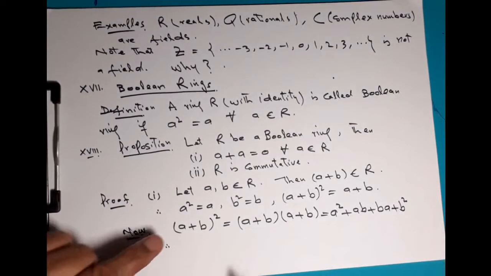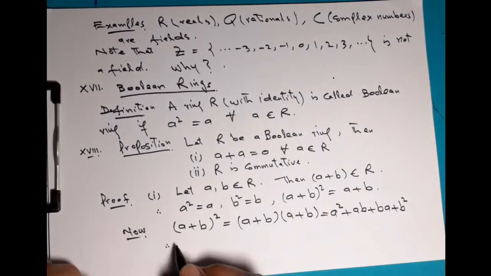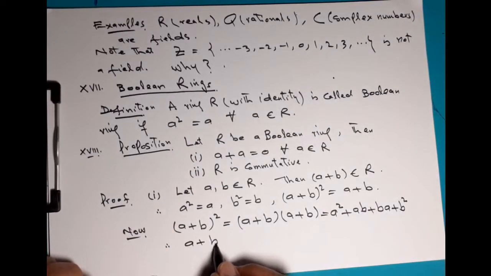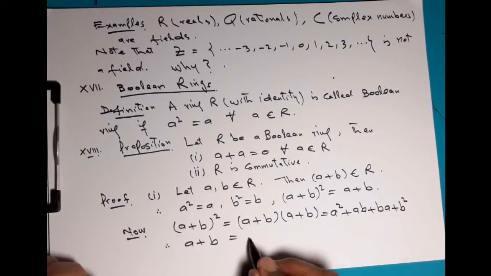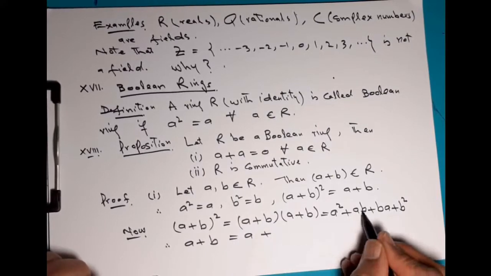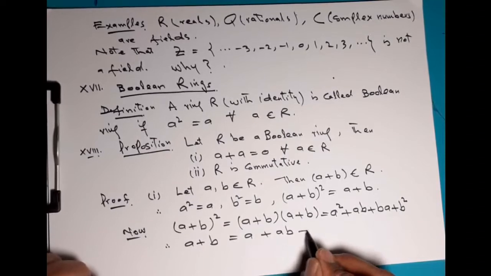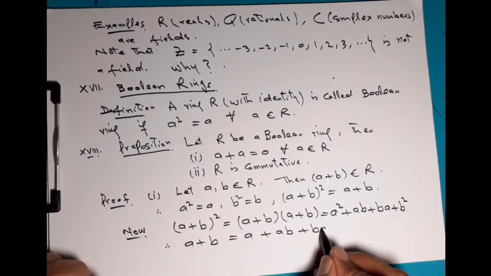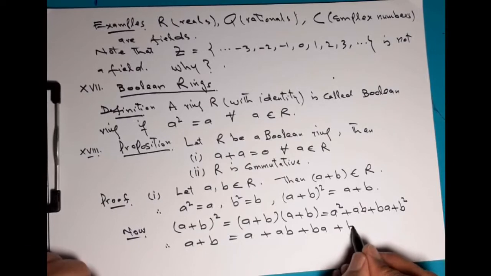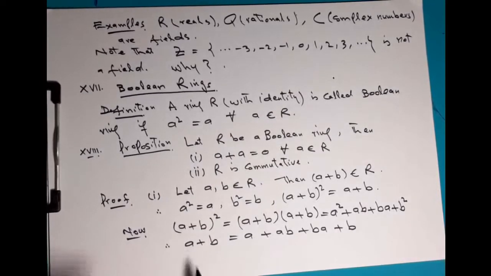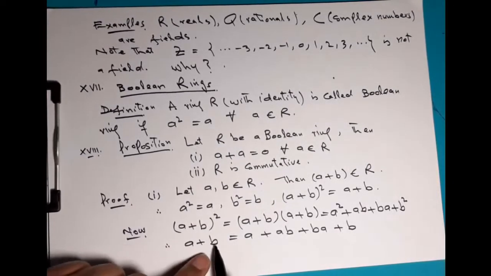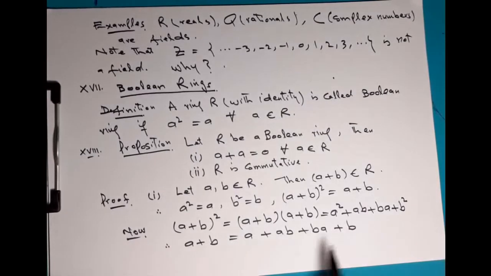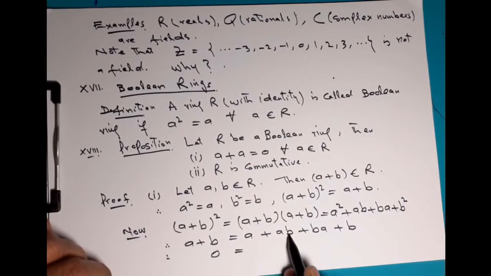Now (a plus b) square is equal to a plus b. Therefore, a plus b is equal to a square plus ab plus ba plus b square, which is a plus ab plus ba plus b. Now this a will get cancelled with this a, and this b will get cancelled with this b. So we are left with 0 is equal to ab plus ba.